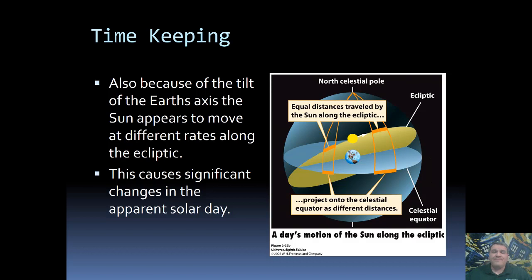Every apparent solar day is a slightly different amount of time. Now imagine that you're a clockmaker. Try to figure out a clock where every single day is slightly different. Now you can understand some of the headaches that happen when we're trying to keep track of time.